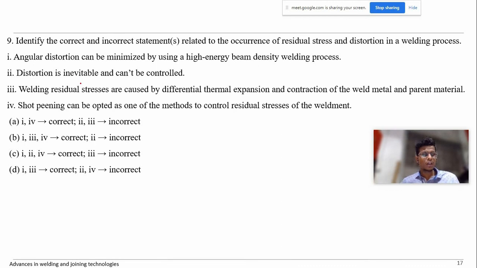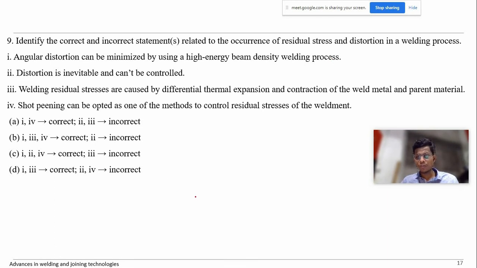So the ninth question: identify the correct and incorrect statements related to the occurrence of residual stresses and distortion in the welding process. First we'll see the statements. Angular distortion can be minimized by using a high energy beam density welding process.